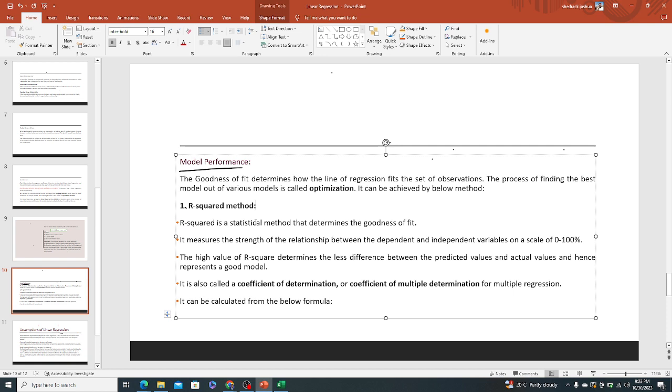It also measures the strength of the relationship between the dependent variable and the independent variable.